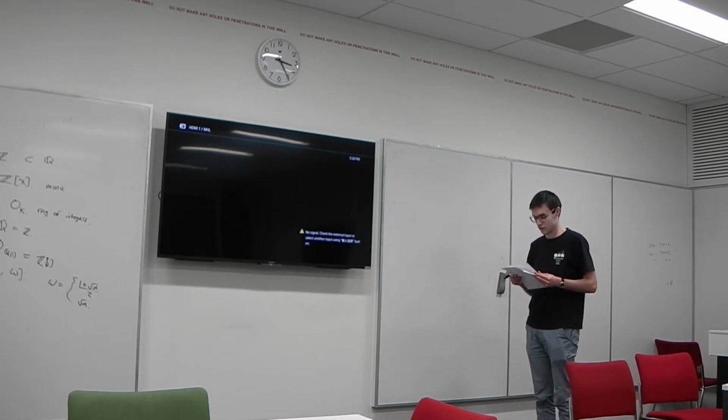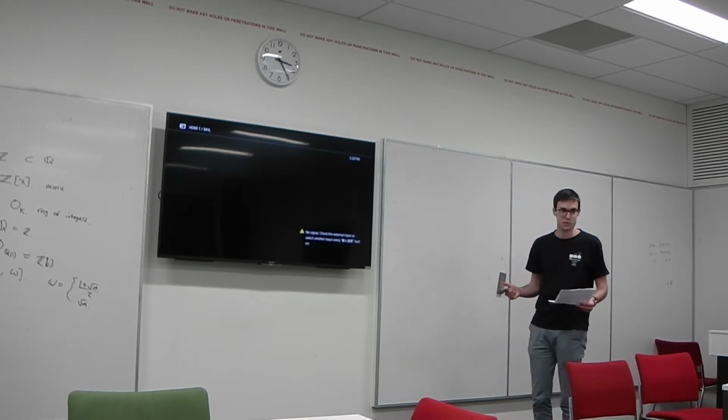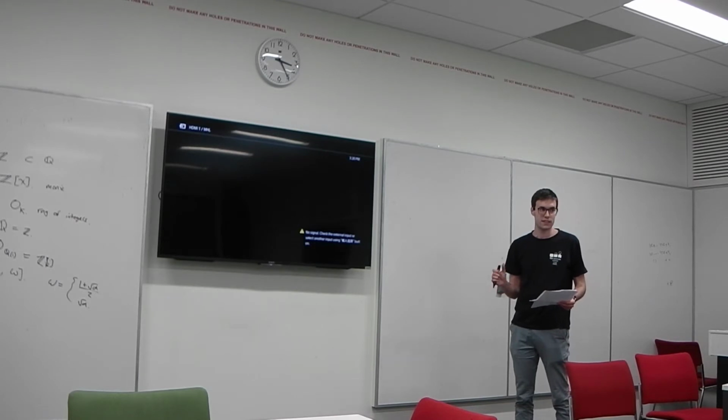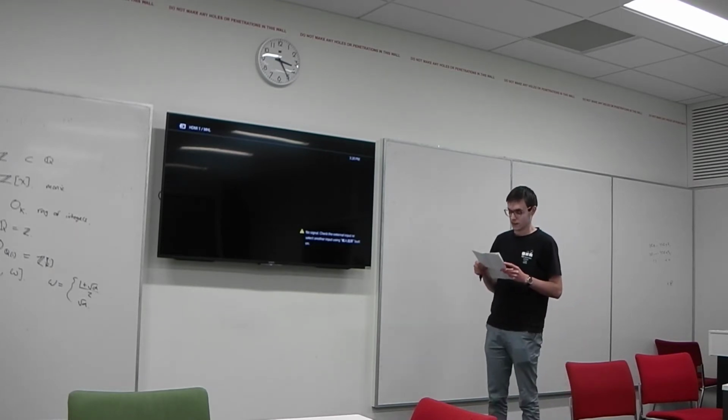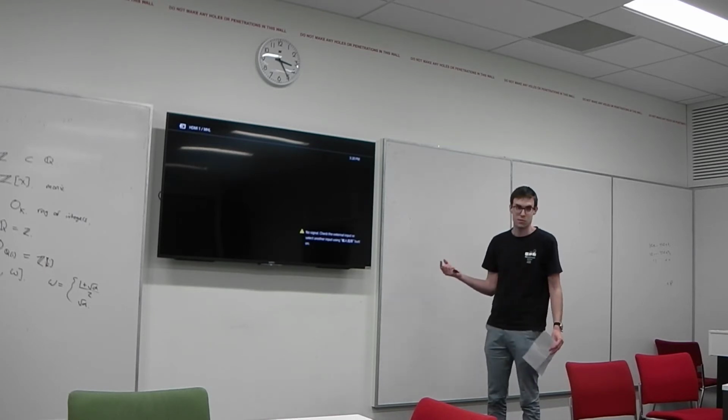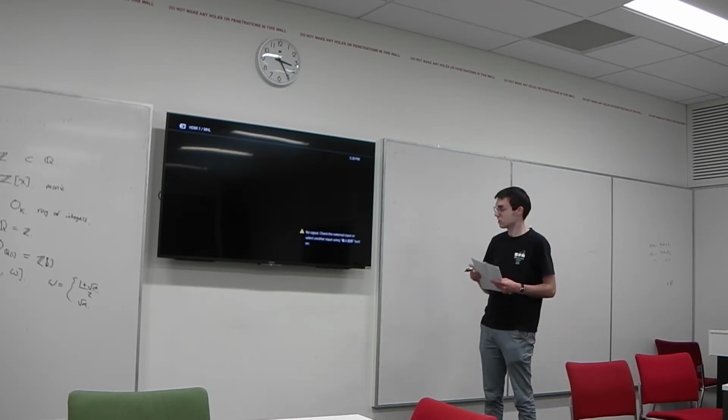Does everyone know what an ideal of a ring is? An ideal is just an additive subgroup of the ring which is closed under multiplication by elements of the ring.